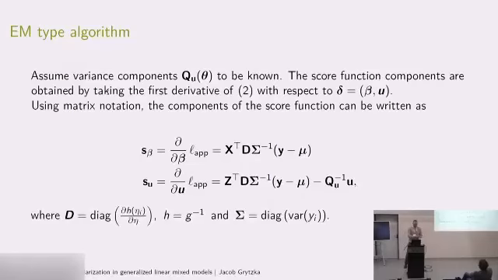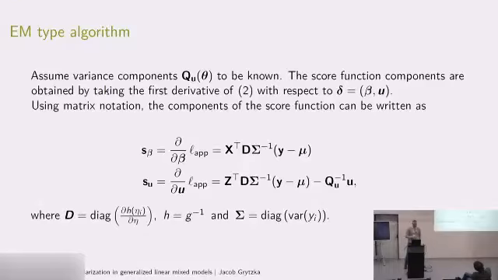And we can build some score functions here. Then we have the score functions for the fixed effects and for the random effects as well. We need that for the optimization in the fitting routine.